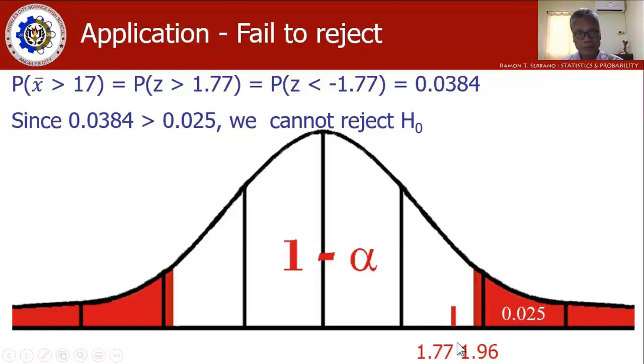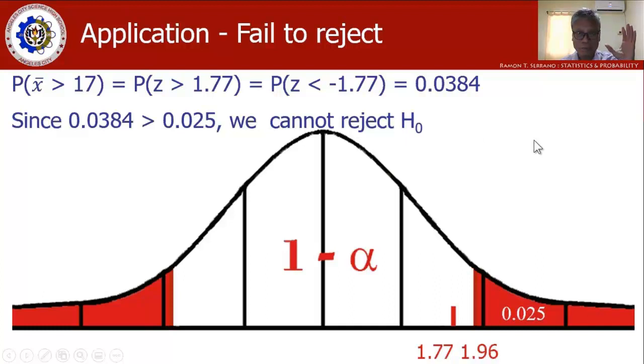The 1.77 is your calculated z value, which is way outside of the red rejection area. So 1.77 is before 1.96. If it happened to be 1.97, 1.98 or 2, greater than 1.96, it would fall within the rejection region and we could reject. But this time, my calculated z value is 1.77 only. It's outside of the rejection region, and therefore I cannot reject the null hypothesis.